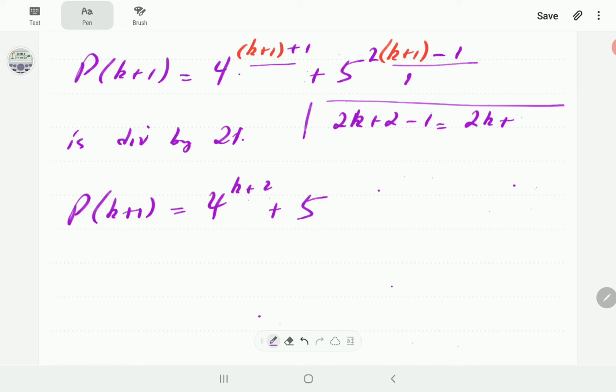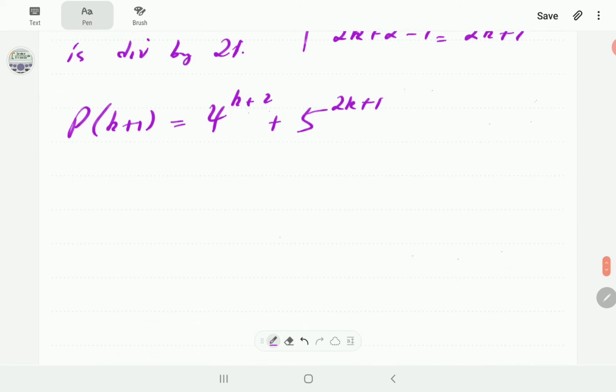It's going to be 2k plus 1. So our new exponent here is going to be 2k plus 1. Okay, so this is the thing I want to prove whether it's divisible by 21 or not.